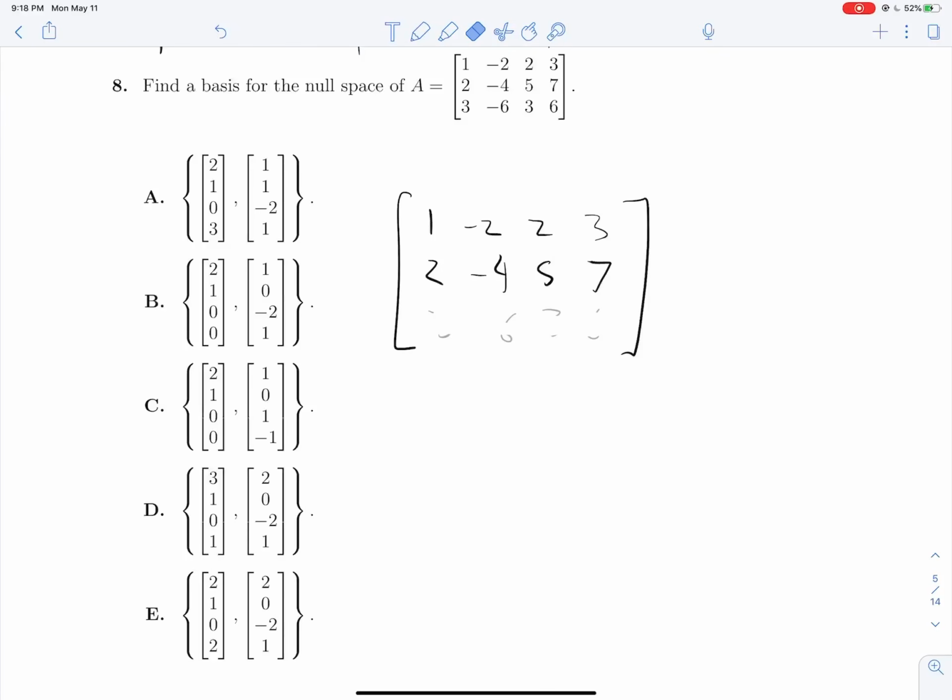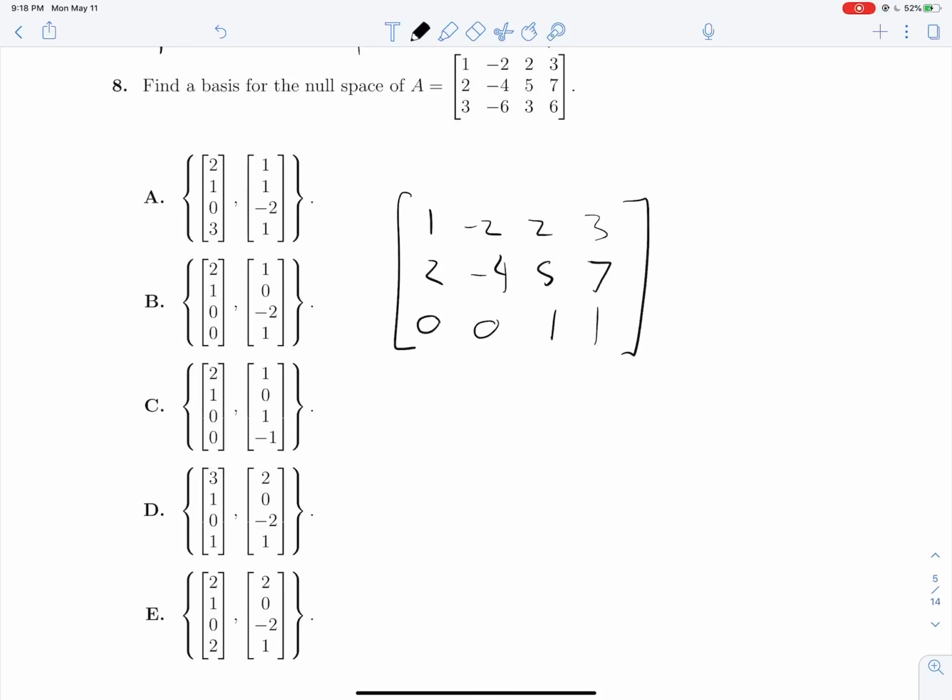I'll turn this row into 1, negative 2, 1, 2 for now. And let's take row 1 and subtract it from row 3. That gives us 0, 0, minus 1, minus 1. This can become a 1, 1.